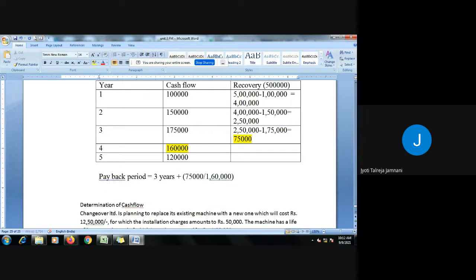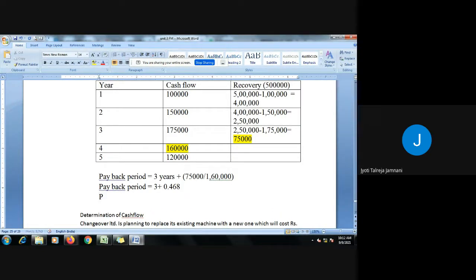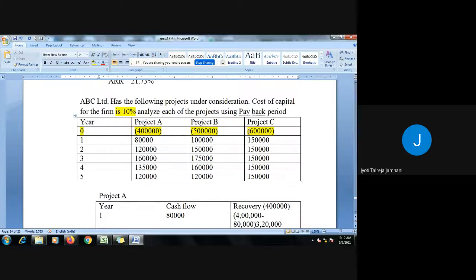So payback period is equal to 3 plus 0.468, 3.468 years is the final answer. Okay, similarly, we'll do it for project C.